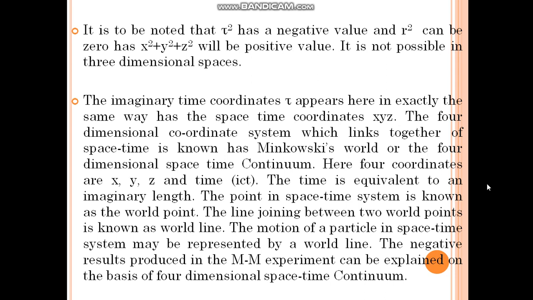The time is equivalent to an imaginary length. The point in space-time system is known as the world point. The line joining two world points is known as world line. The motion of a particle in space-time system may be represented by a world line. The negative results produced in experiments can be explained on the basis of four-dimensional space-time continuum. Thank you.